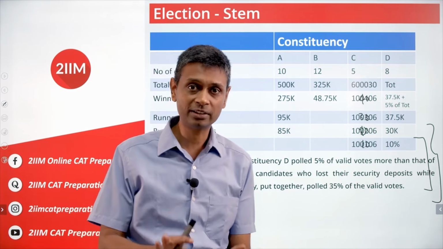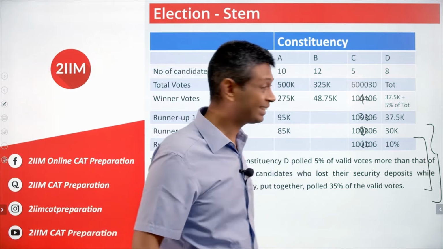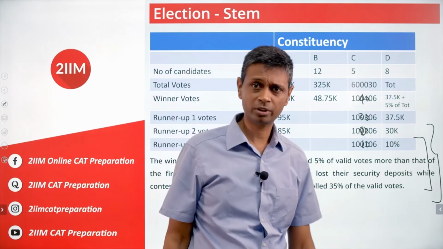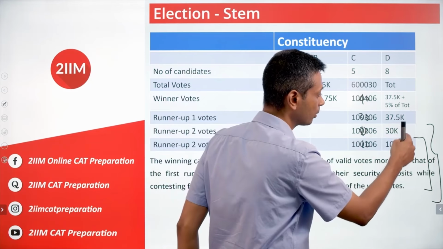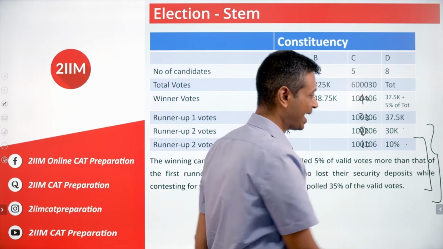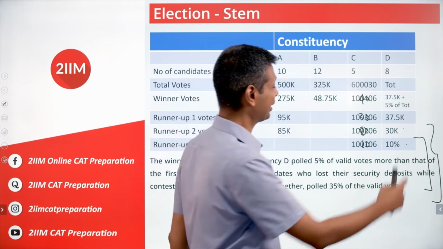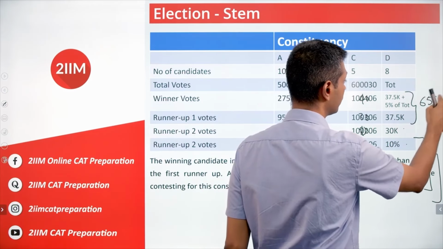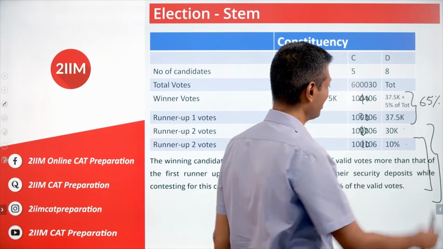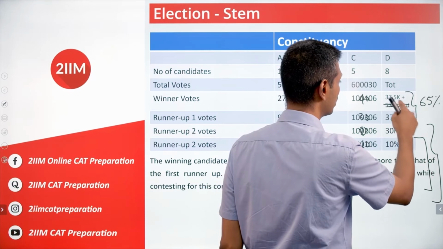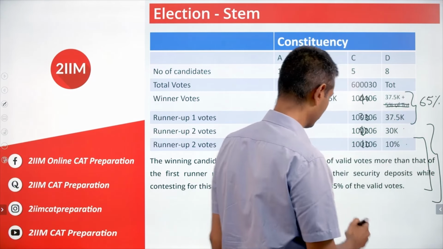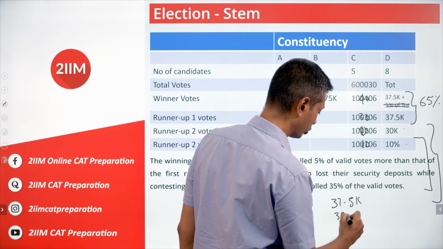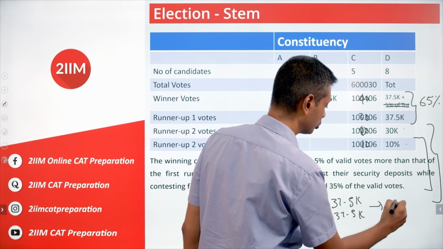So I'm going to eliminate something and then come back to this. Let's assume, hypothetically, that runner-up 2 also lost his security deposit. So from here onwards adds up to 35%. That means the remaining, these 2, add up to 65% of the total votes. 5% goes off, or 37.5K plus 37.5K adds up to 60%.